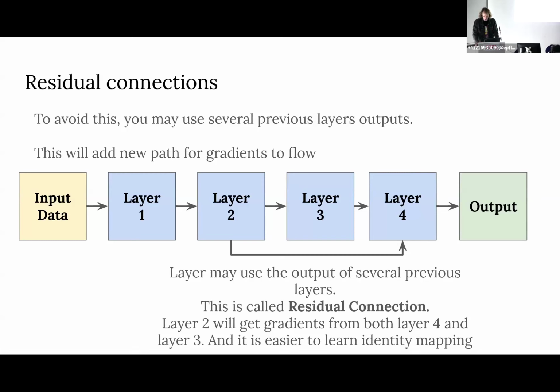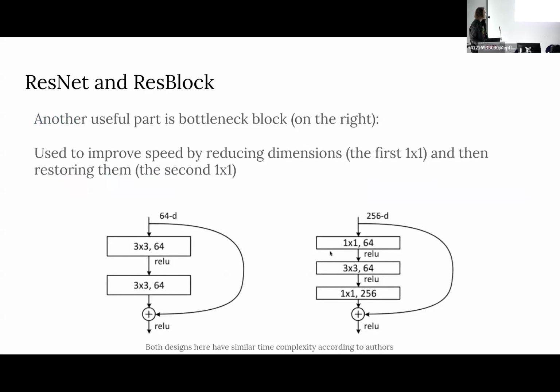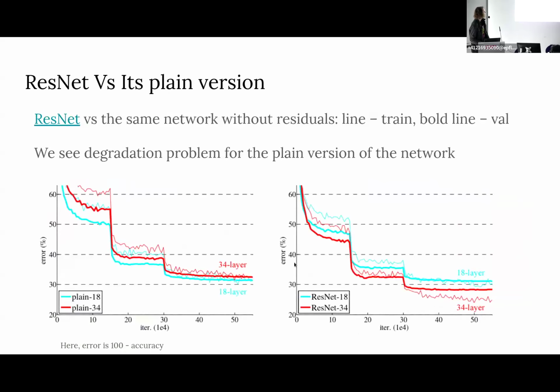If it achieves less quality than identity, why don't we just get rid of the layer? The thing is that after you add residual connections, you actually increase the quality of your model. Before, when you didn't have residual connections, the quality of your deep neural network with 34 layers was worse than the same network with 18 layers.